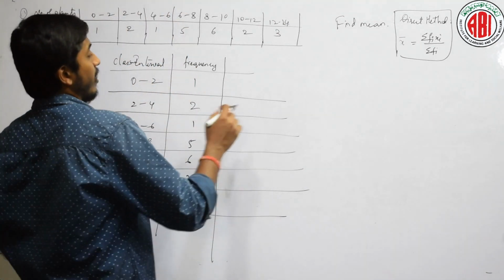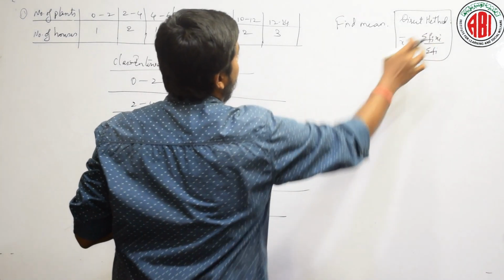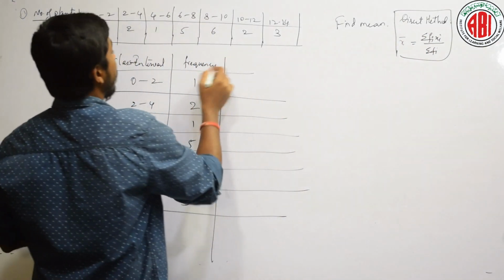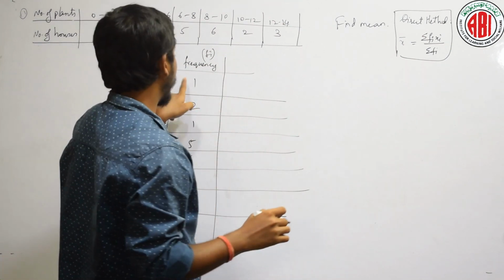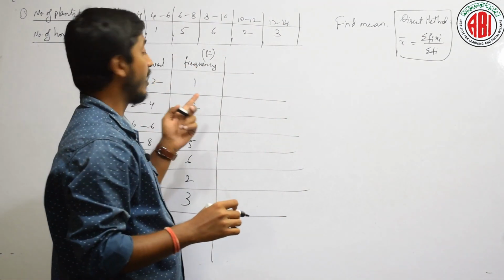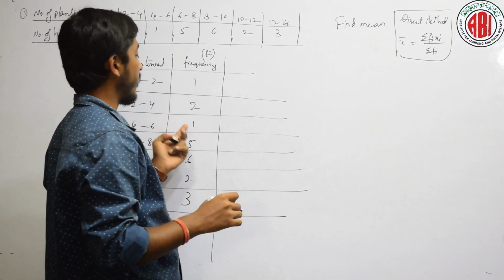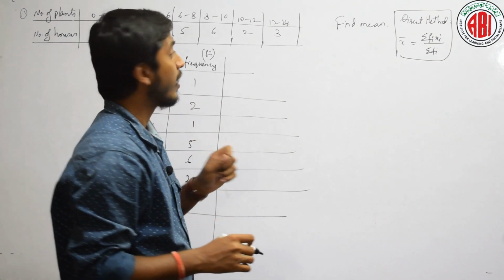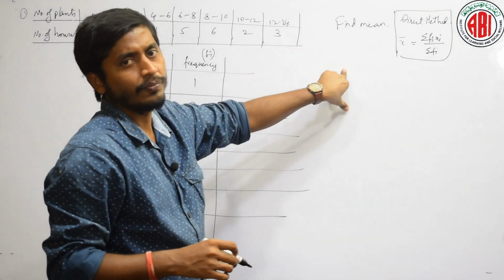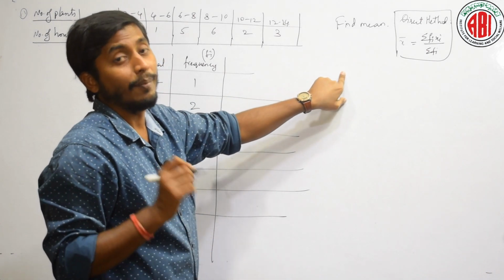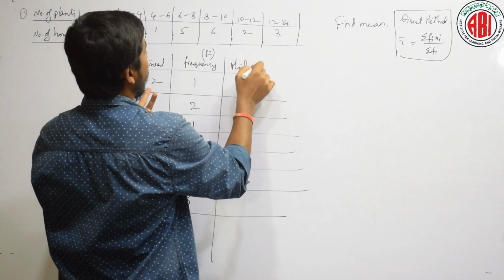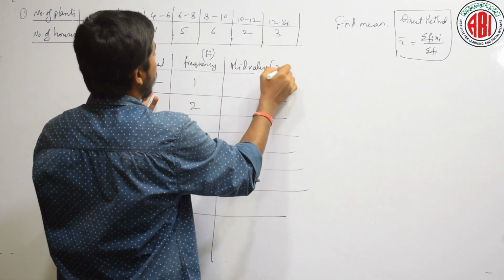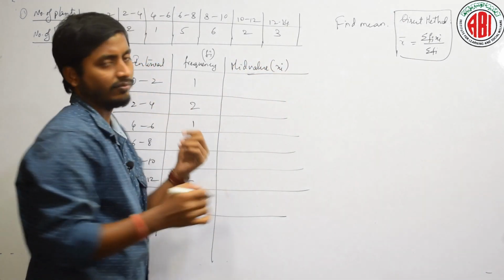And the next, what is that we have to do? fi xi. What is fi? That is nothing but your frequency. fi is nothing but, if it is the first term, it will be f1. If it is second term, it will be f2. If it is third frequency, that will be f3. What about xi? xi is nothing but the middle value of this class, that is mid value, or it can also be called as class value. Okay.